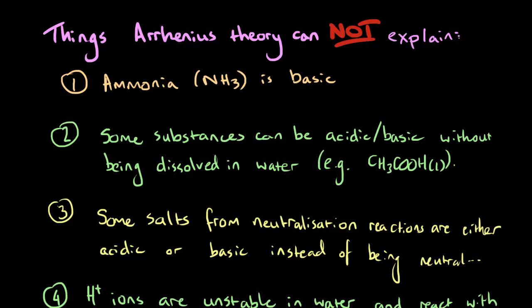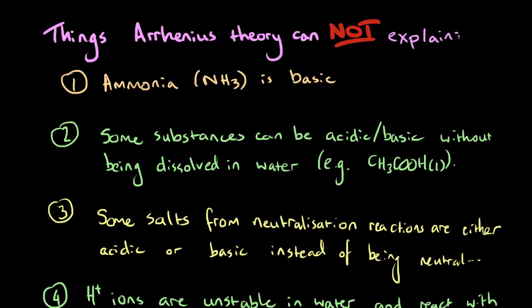The second thing that Arrhenius theory cannot explain is that some substances can be acidic or basic without actually being dissolved in water. Acetic acid is a typical example of this because the pure substance CH3COOH without any water occurs in the liquid phase at room temperature. And that substance, the pure acetic acid, does act like an acid.